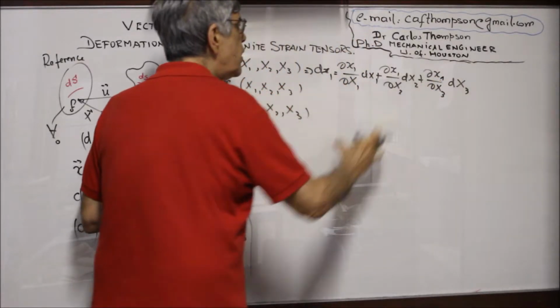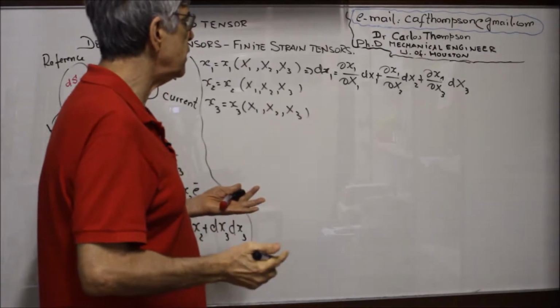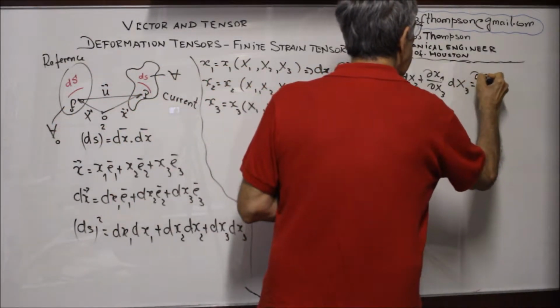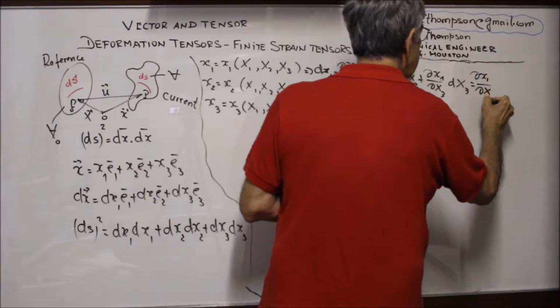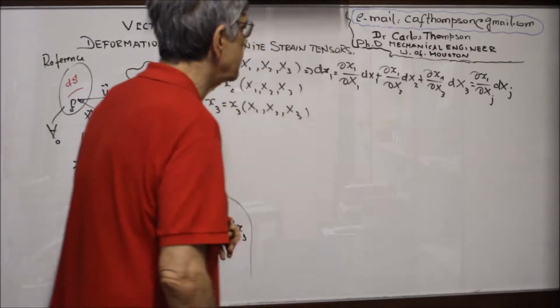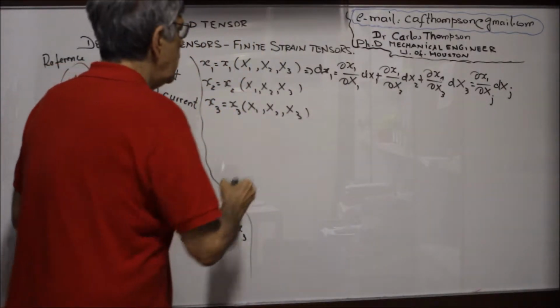Now, we can write this using a dummy index: partial x1 with respect to Xj dXj. J is the dummy index, no problem.